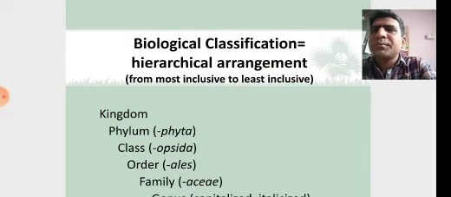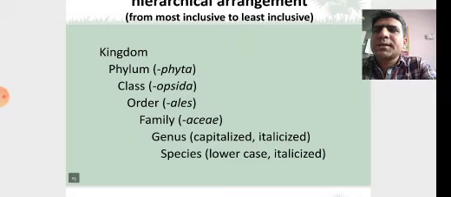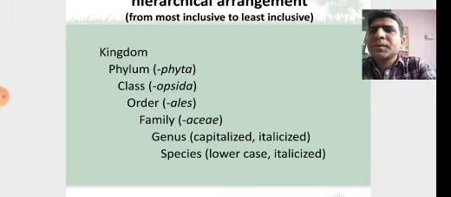In the hierarchy, there is the kingdom, then phylum, or you can write division, of that particular plant. Then class should be written ending in -opsida, or division ending in -phyta. These are some rules. Then order should have the suffix -ales, like Pinales, Gymnospermales, and so on.